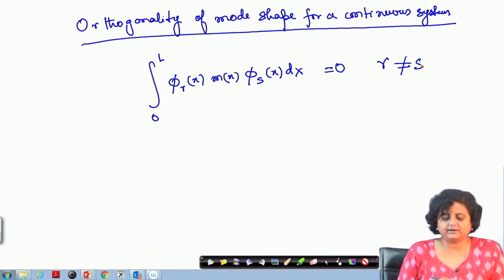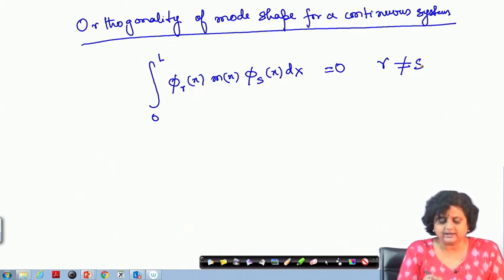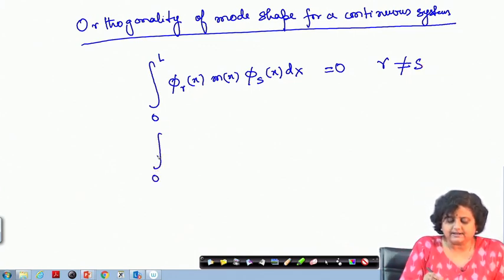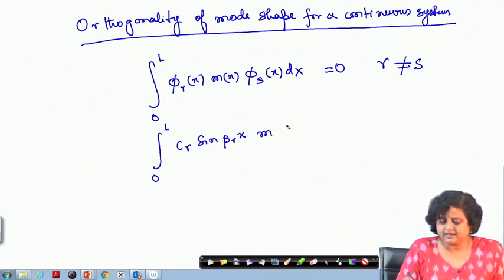Now, for our particular case where we have a uniform cross section, this expression can be written as C_r sin beta_r x, our mass was constant m, into C_s sin beta_s x dx equal to 0.